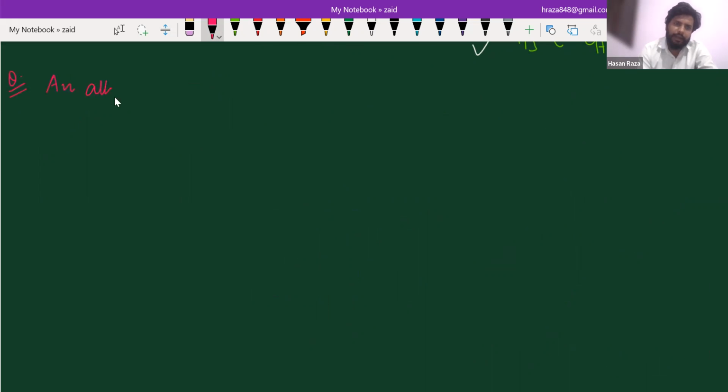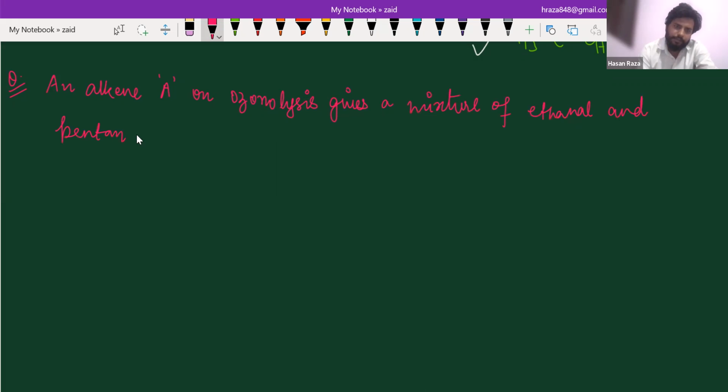There is an alkene A which on ozonolysis gives a mixture of ethanal and pentan-3-one.